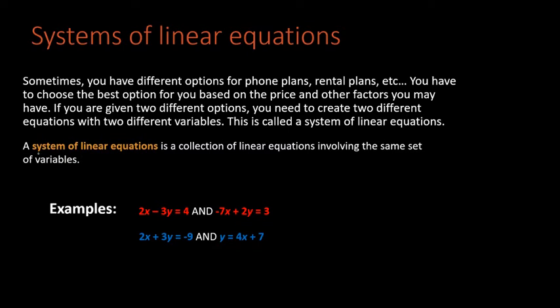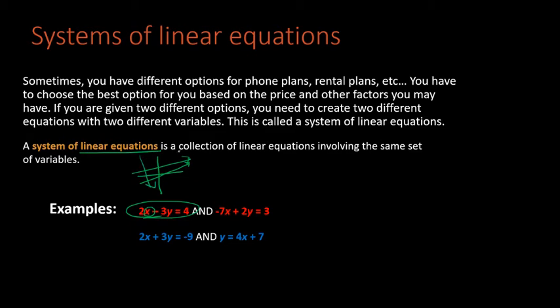So remember that a linear equation is something that looks like this, right? It has a variable that only has an exponent raised to the first power, so there's no x squared, x cubed, anything like that. If I were to graph a linear equation, the graph would be a straight line.